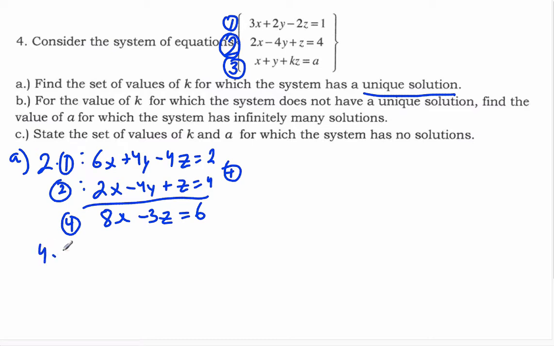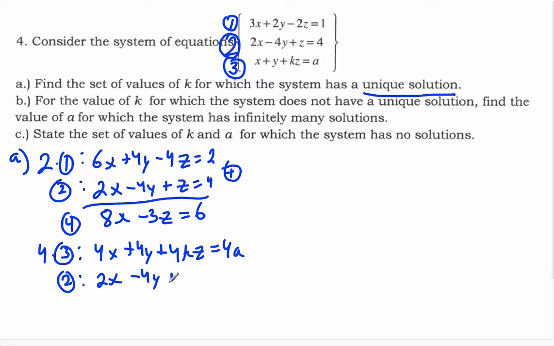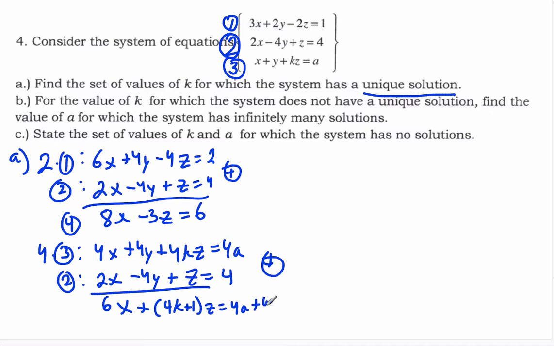So I'm going to do 4 times equation 3 gives me 4x plus 4y plus 4kz equals 4a. And then equation 2 is 2x minus 4y plus z equals 4. And I can add them together and cancel those y's. So you get 6x plus 4k plus 1z equals 4a plus 4. I'm going to call that equation 5.